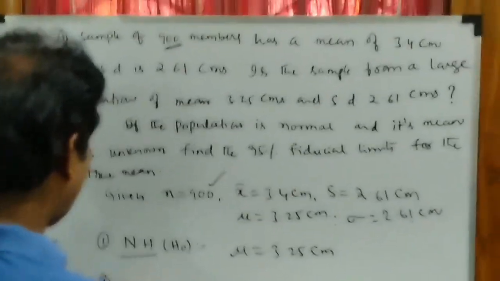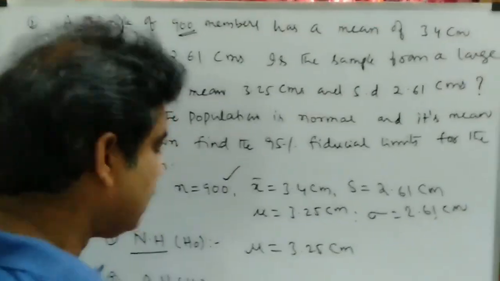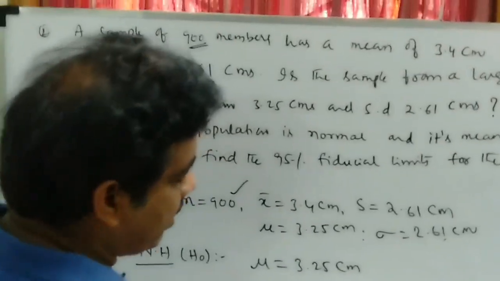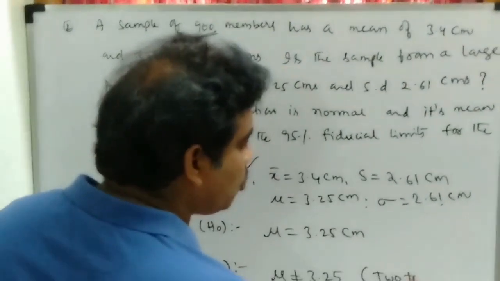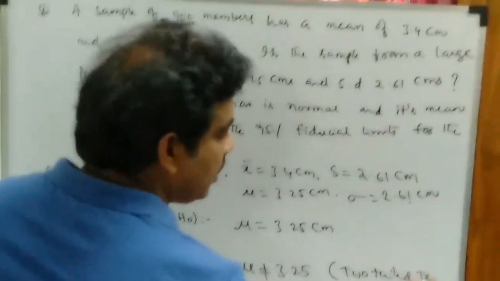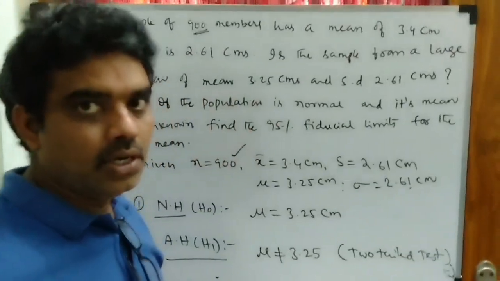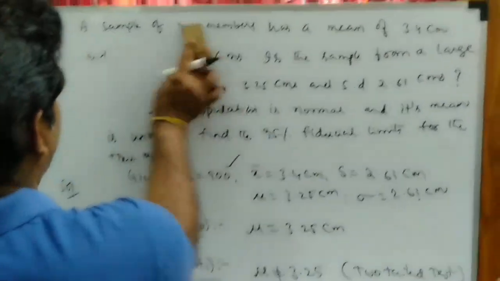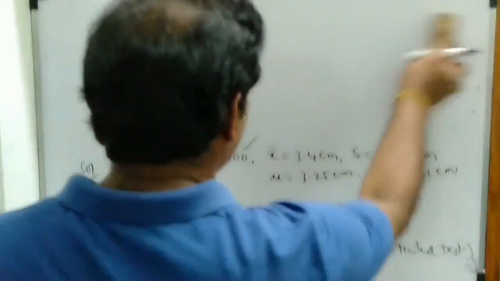Then the alternative hypothesis H1, the complement of the null hypothesis, is mu not equal to 3.25. That means we have to use a two-tailed test. Here we decide whether to use a two-tailed or single-tailed test. For a two-tailed test the z value is one, for a single-tailed test it is another value.